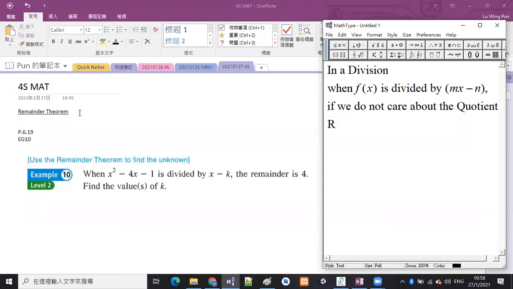The remainder is equal to f of a number.